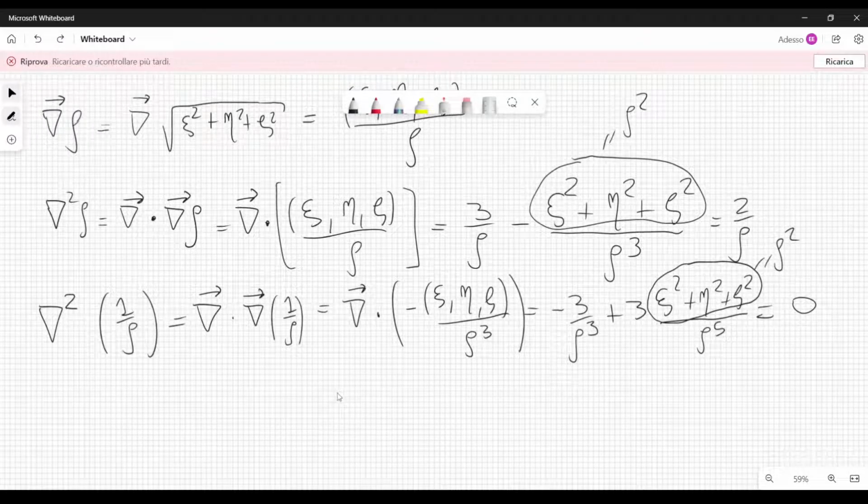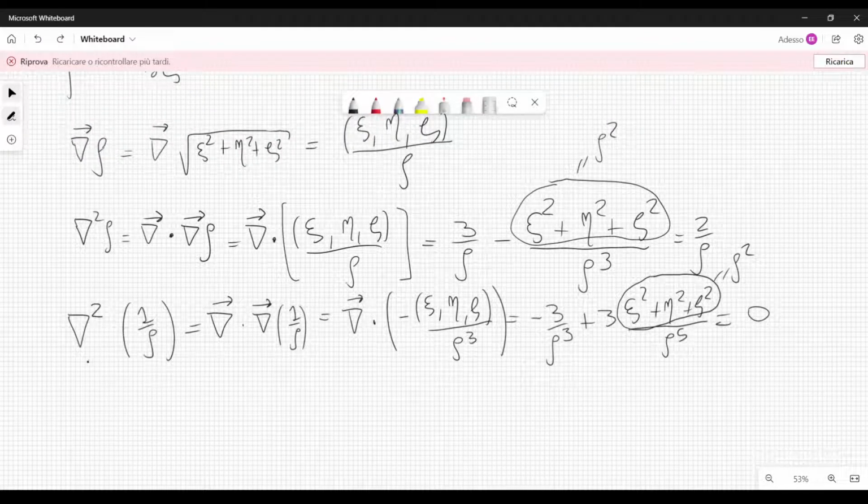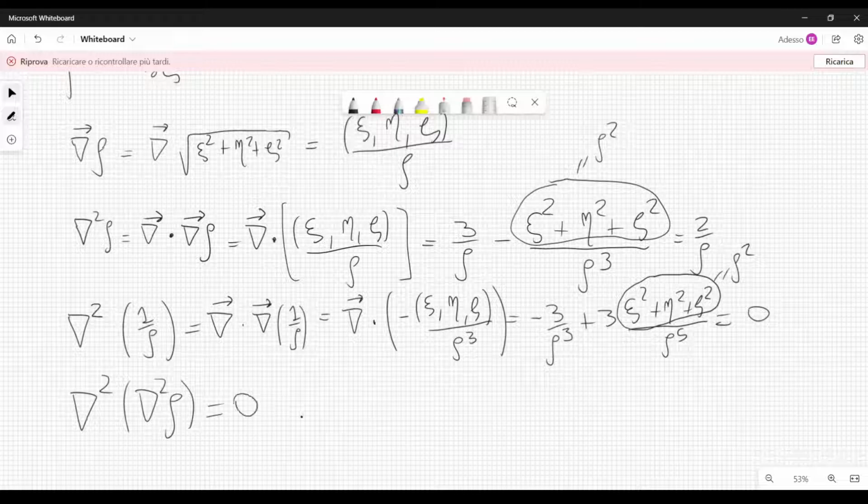Now from here you can see that the Laplacian of 1 over rho is equal to 0, and also the Laplacian of rho is proportional to 1 over rho. So this means that del squared of del squared rho is equal to 0 for what we just found.